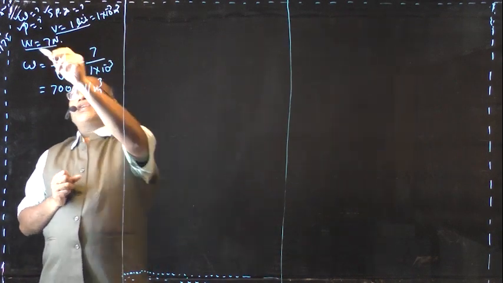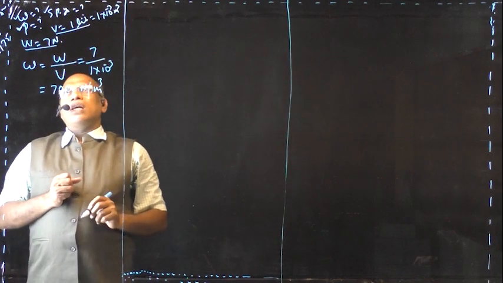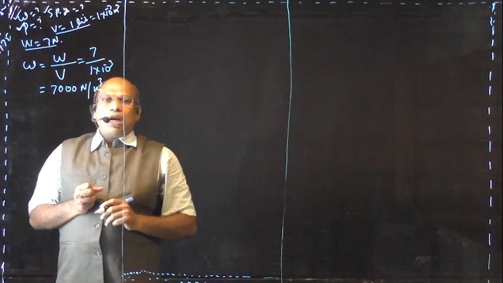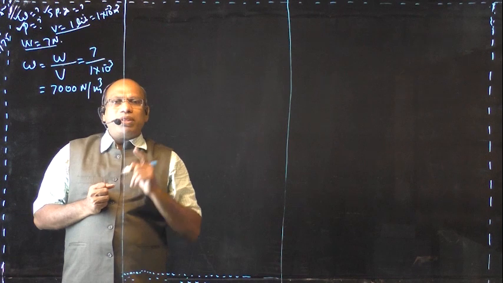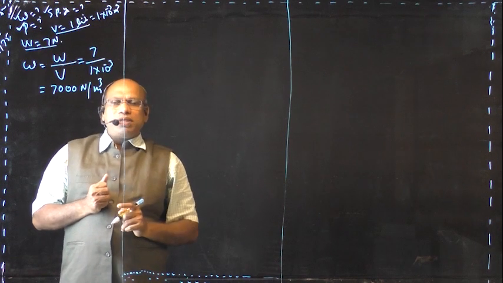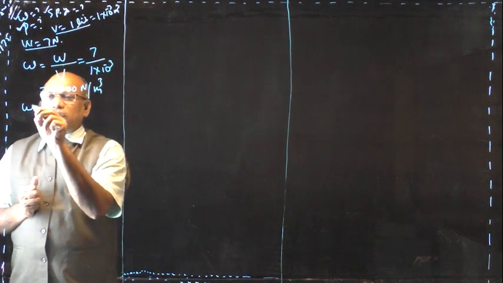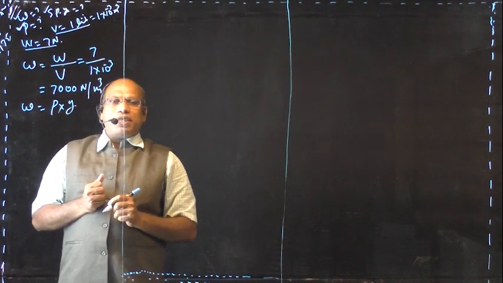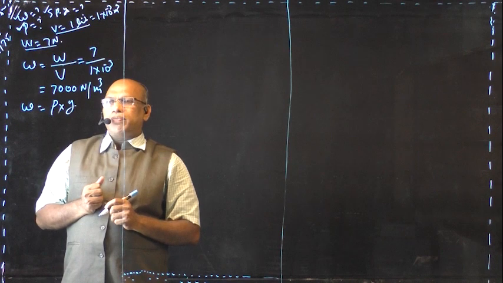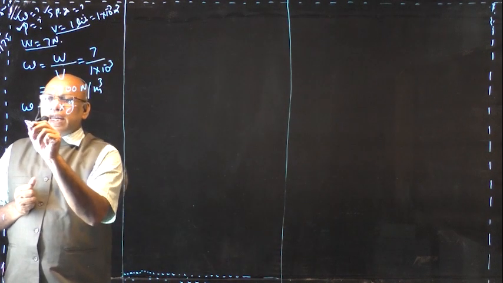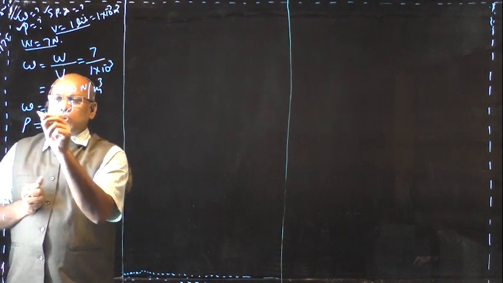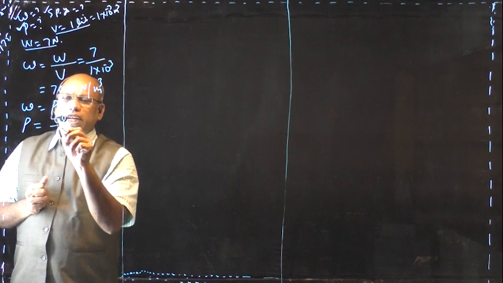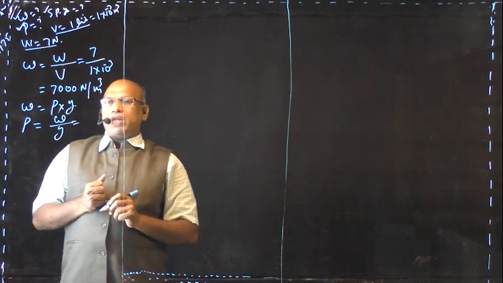Right? Second question: density. Already I have given the relation between the density and specific weight. Specific weight equals density into acceleration due to gravity. Now density rho equals unit weight divided by acceleration due to gravity.